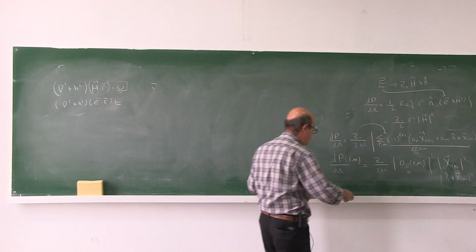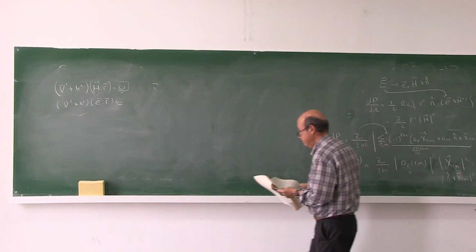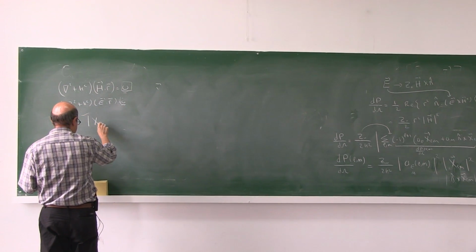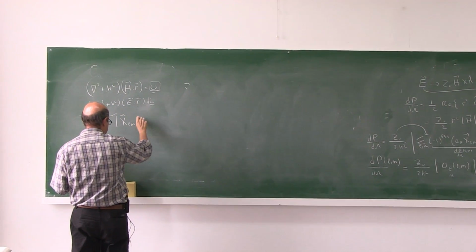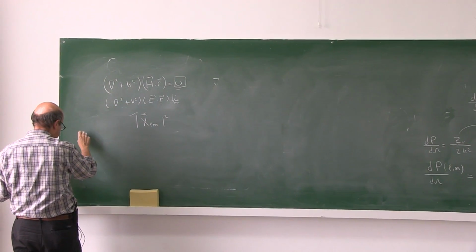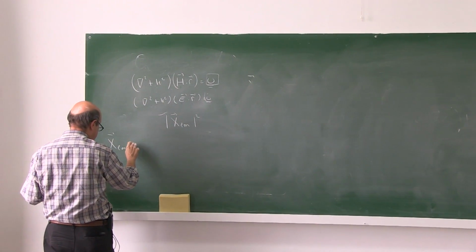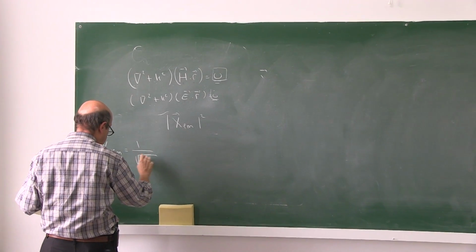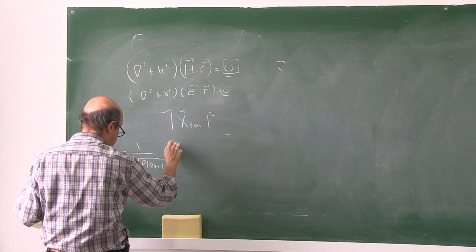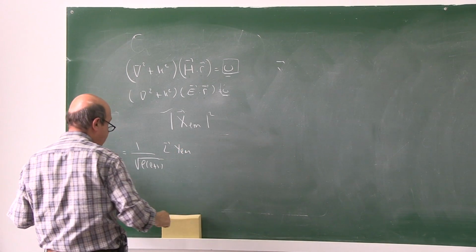I need to calculate x Lm square, and I know that x Lm is 1 over square root of L plus 1, L acting on YLM.